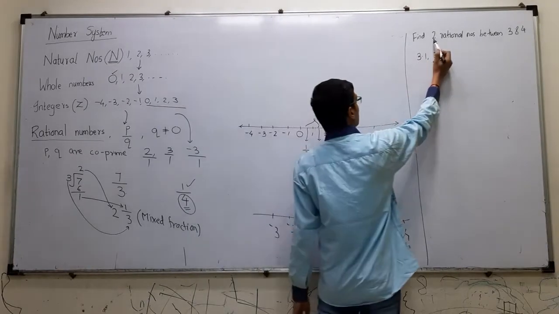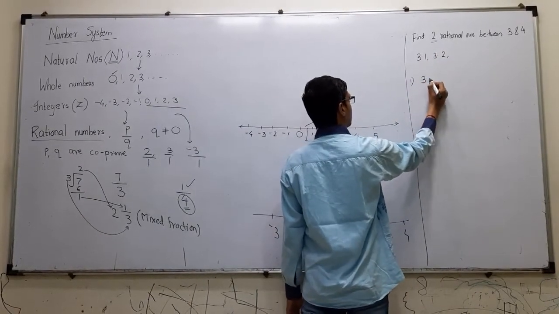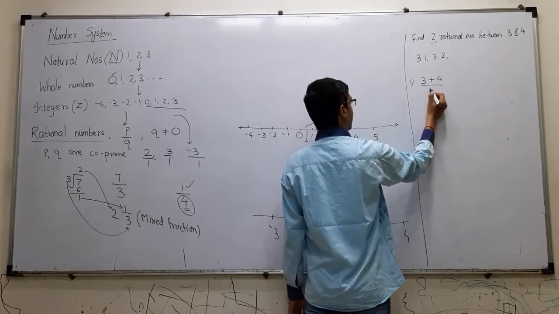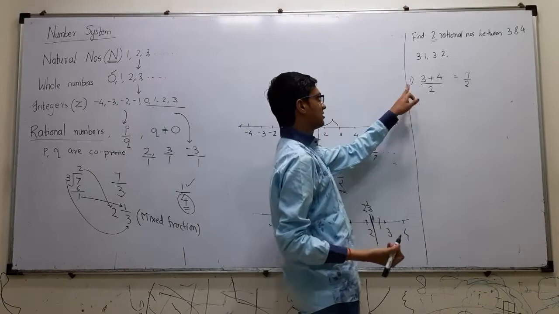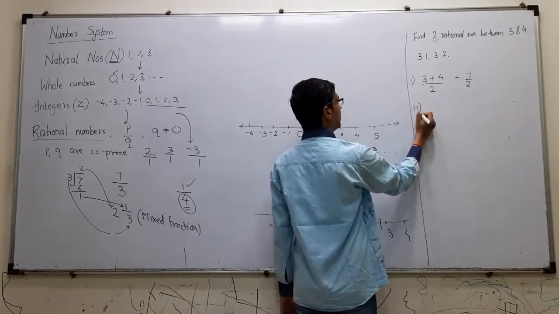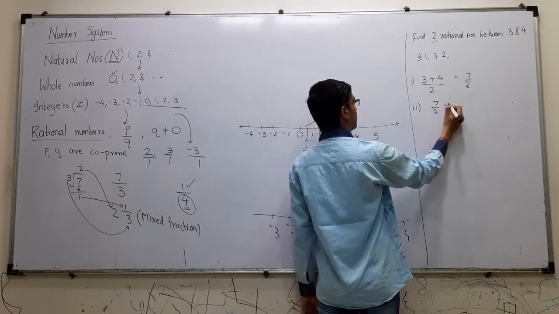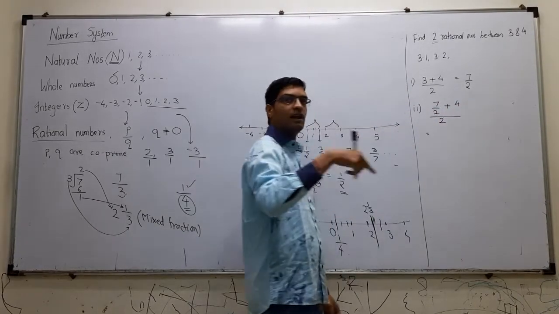Also, since the count is very less, I will find the first rational number as first number plus second number divided by 2. That is 7 by 2. So my rational number can be 7 by 2. My second rational number can be 7 by 2 plus 4, divided by 2. Always I will go on dividing by 2.